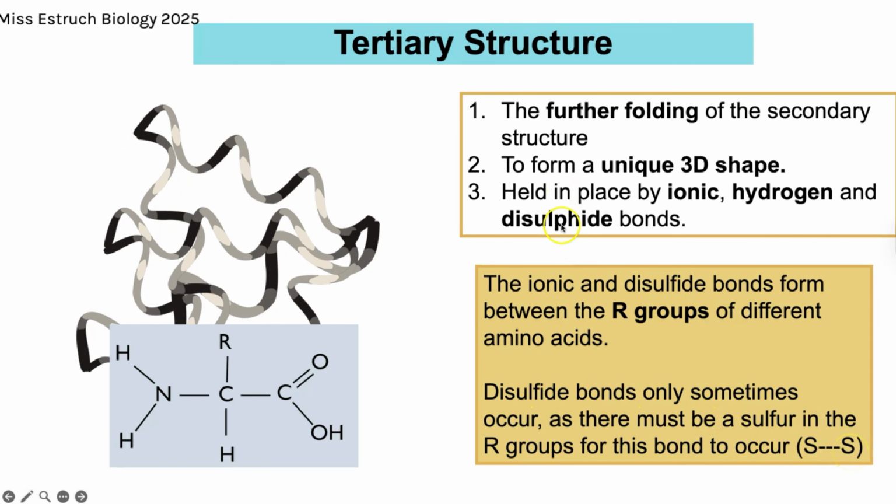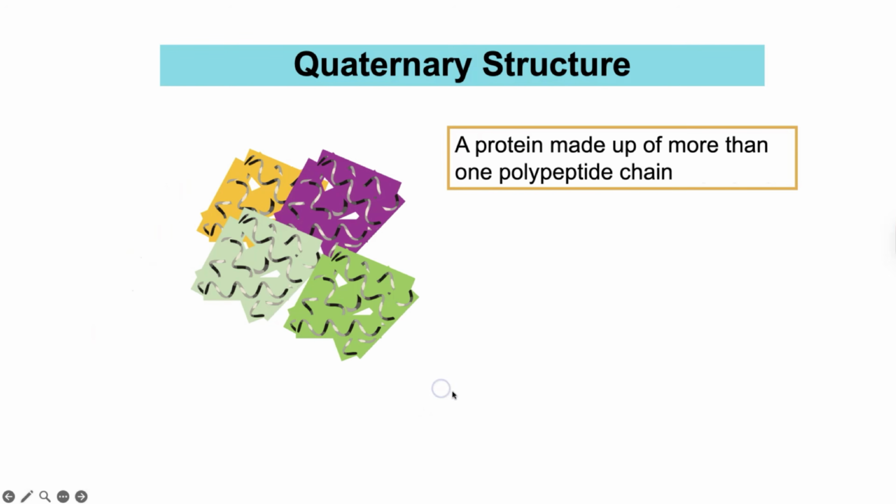Just to point out here, I've noticed I've used different spelling. It used to be disulphide was the British spelling with a PH, disulfide with an F was US spelling. They have now just used the F spelling universally. So PH isn't actually used, F is. You wouldn't get penalised in biology, but that's just why I've got that disparity there.